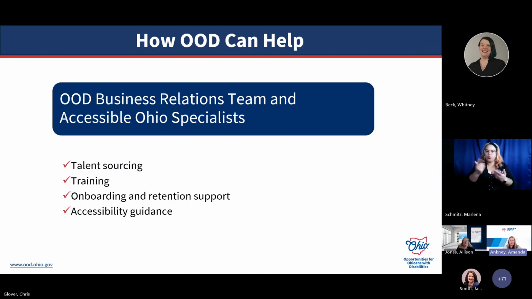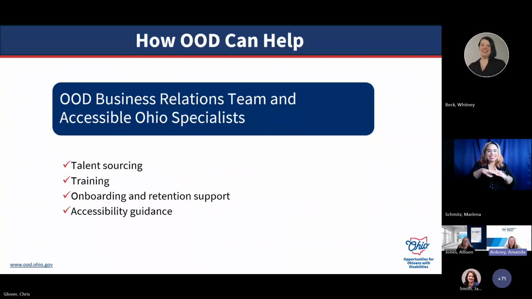OOD is also able to provide onboarding and retention supports, helping you create a welcoming and sustainable environment for new hires. And OOD also has Accessible Ohio. This program will provide guidance on physical and digital accessibility improvements.